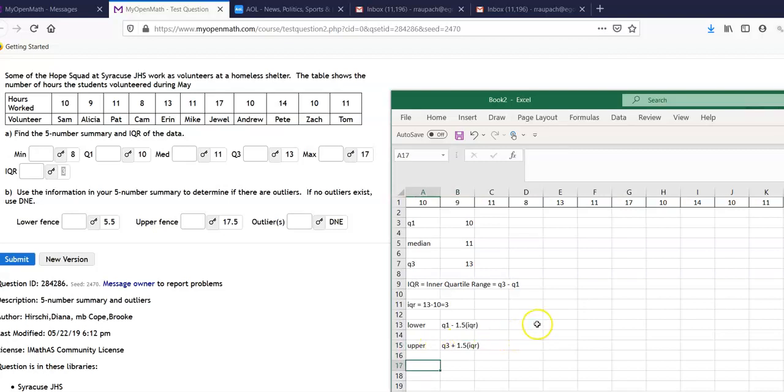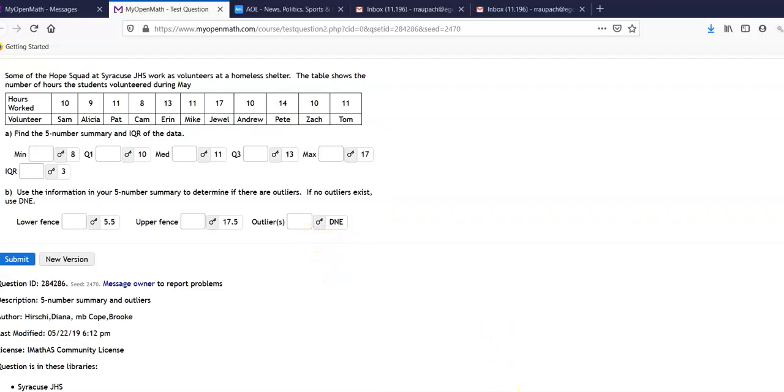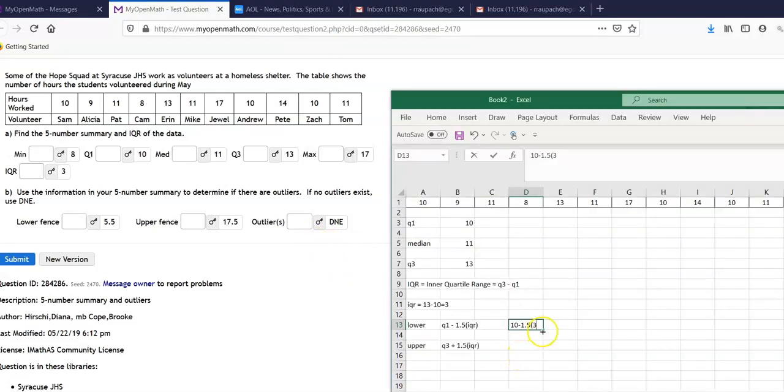Okay, so for the lower, for this data, it would be Q1, which is 10, minus 1.5 times the IQR, which is 3. All right. Equals, so 10.